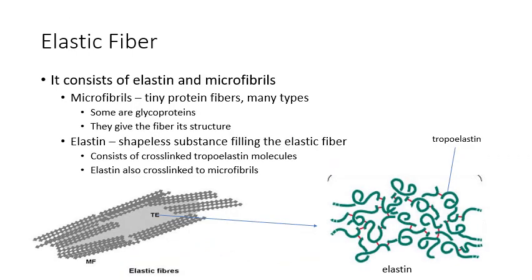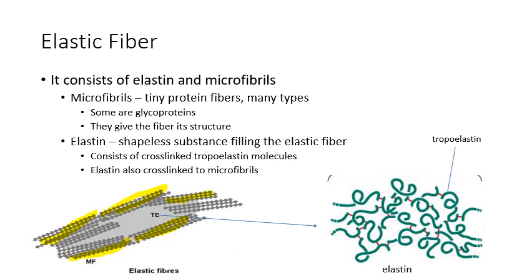Okay, next you have your elastic fibers. Elastic fibers consist of elastin with microfibrils. The microfibrils are tiny little protein fibers. There are lots of different types of them. You can see them here in the illustration of an elastic fiber. They're all connected to each other, and they're around the outside of the fiber.